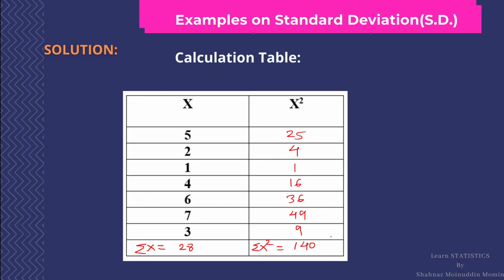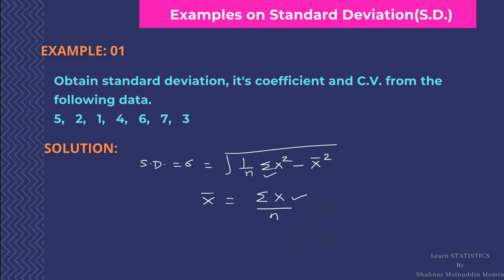Substitute all these values in the formula of standard deviation. We get mean x bar equal to summation x upon n, and this is equal to 28 divided by n. Here we are given 7 values. 28 upon 7 is equal to 4.